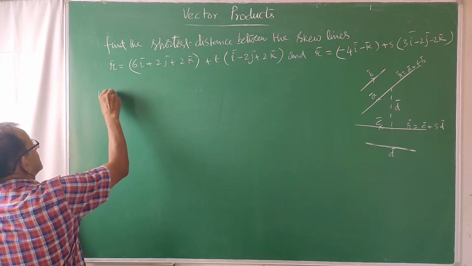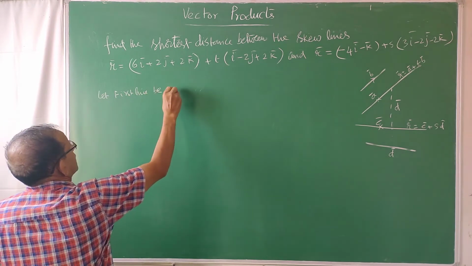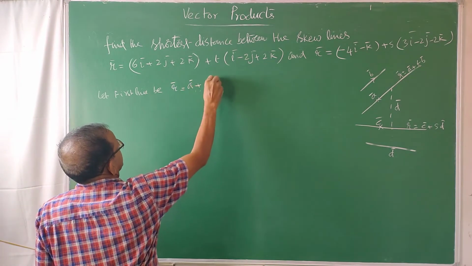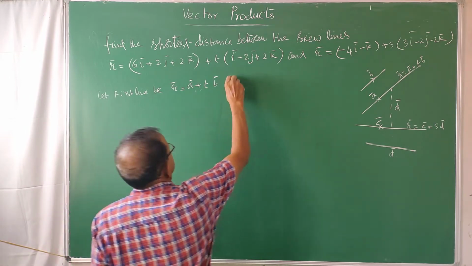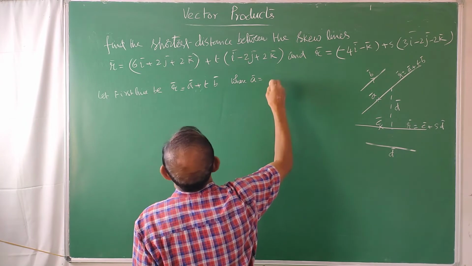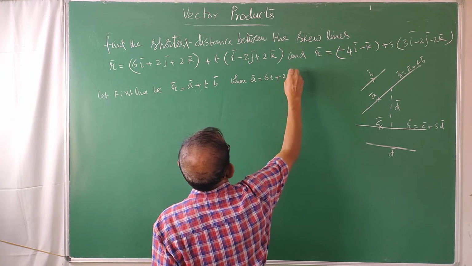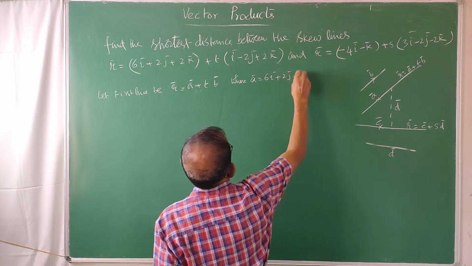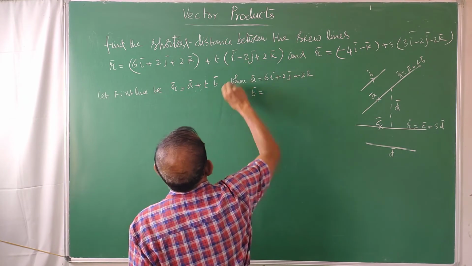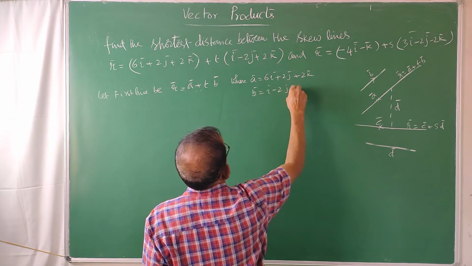Let the first line be r bar equals a bar plus t into b bar, where a bar is equal to 6i plus 2j plus 2k and b bar is equal to i minus 2j plus 2k.